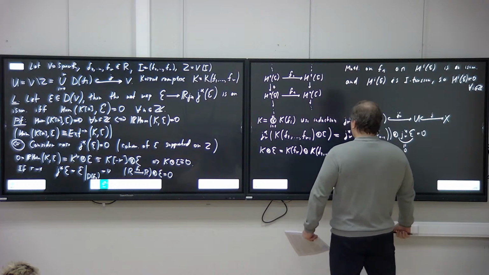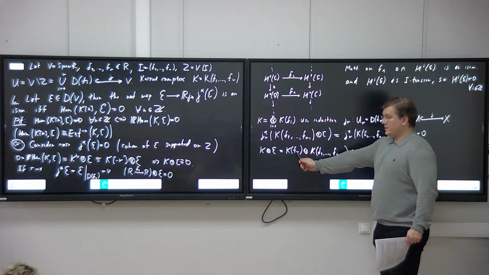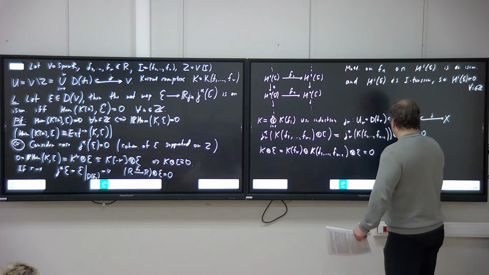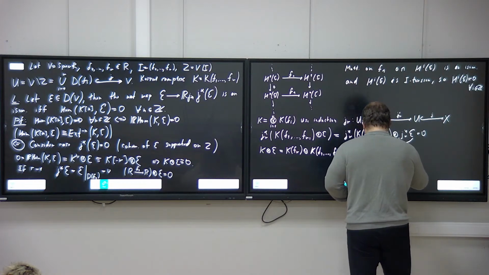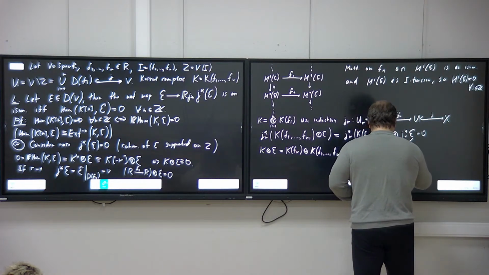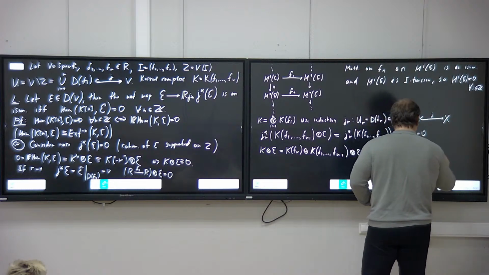But now, since I know the case of one element, in this case the element F_R, I can conclude that the tensor product of the K of the F_1 through F_{R-1} tensor product with E is 0.